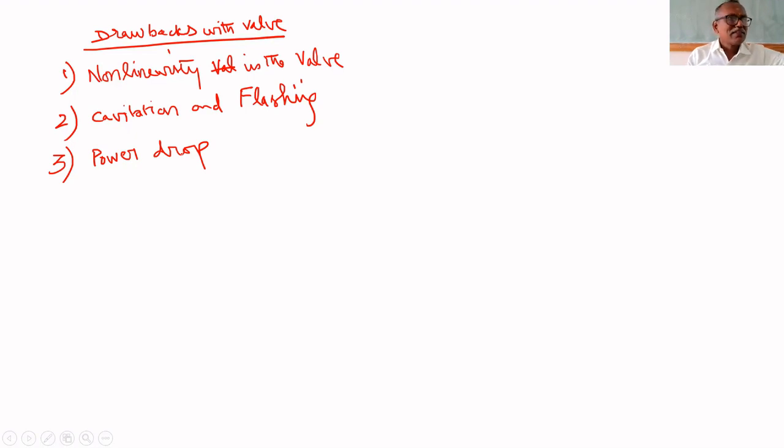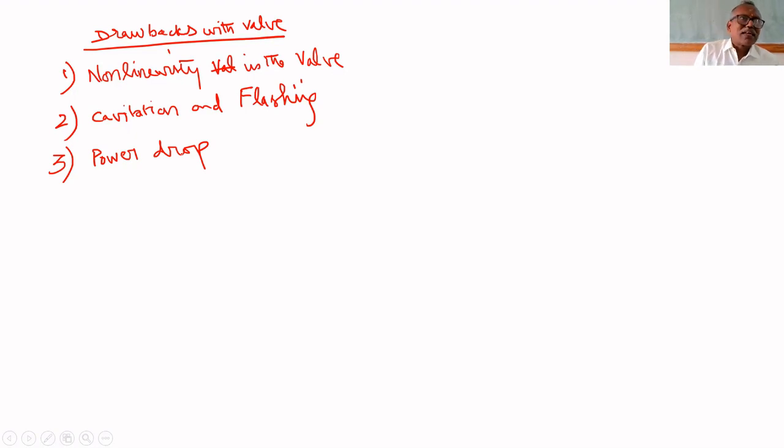For 100 liters. Then only there will be a flow rate of 50 liters. The power for 50 liters is wasted just by dropping the pressure across the valve. So the valve absorbs power. There is a power drop in the valve. Then only we can operate. That's why we are allowing the drop across the valve.